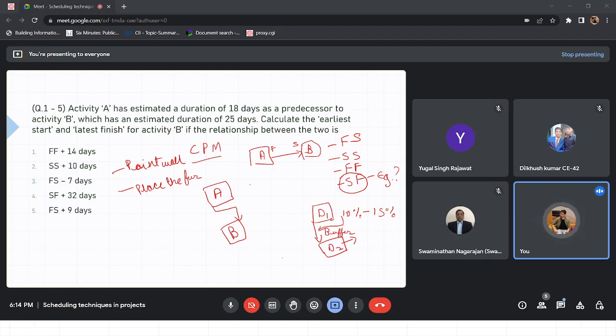Is this point clear to you? Can I say it another way, sir? As soon as A starts, B will be finished, right? Yeah, correct.